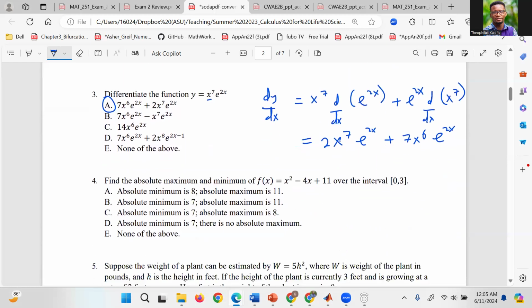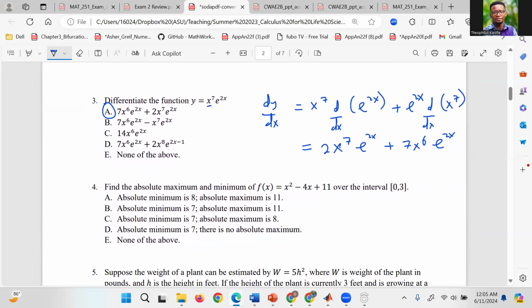All right. So how do we find the absolute maximum and the minimum of this particular function over the closed interval? The first thing to do is to find our first derivative. Our first derivative will be 2x minus 4. Then we set this to 0, so our x will be 2, our critical point.